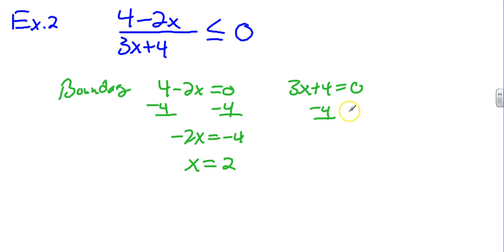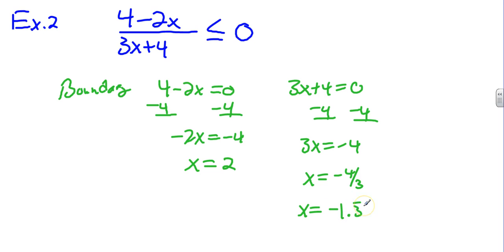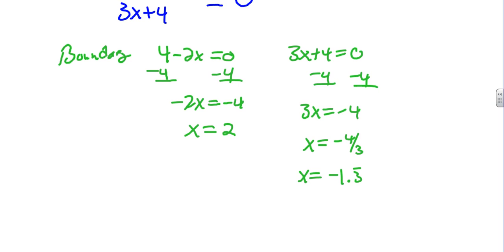This one will subtract 4 and then divide by the 3. So it's negative 4/3. And again, if you're looking at it number-wise, it's about negative 1.3. Okay, and if that one's a decimal, it doesn't really make a difference because when we plug in the test points, you still plug in a whole number just to make it easy on you.